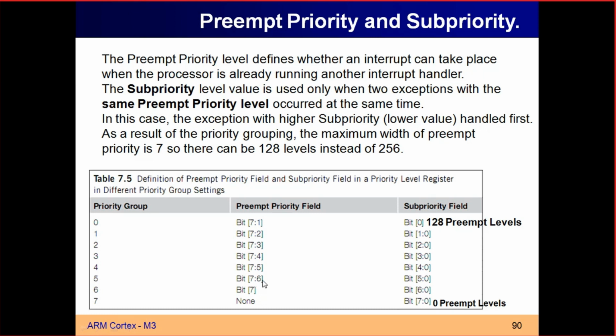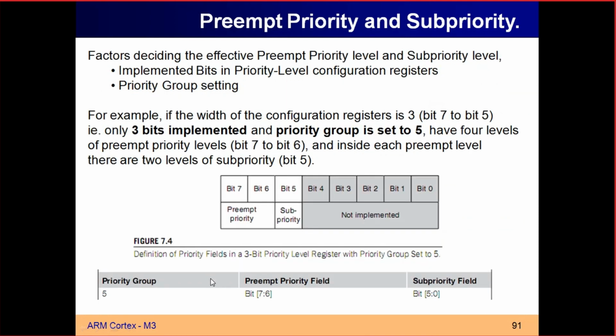Bits 6 and 7 will be set as preempt priority, and 0 to 5 will be sub priority. That is what you can see here. 6 and 7 will be preempt priority, 0 to 5 will be sub priority. But here I am having only 3 bits implemented. So what will happen? I will be having only 1 sub priority bit and 2 preempt priority bits for group 5.